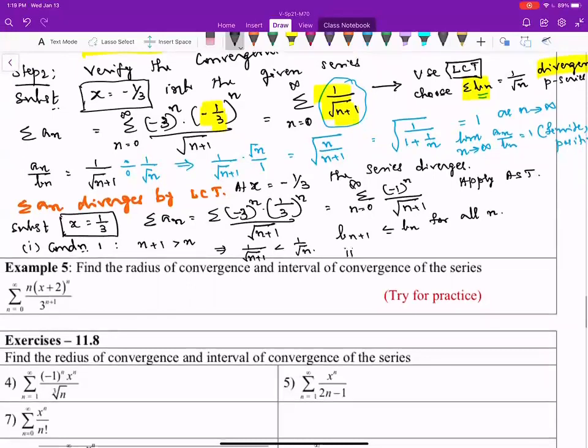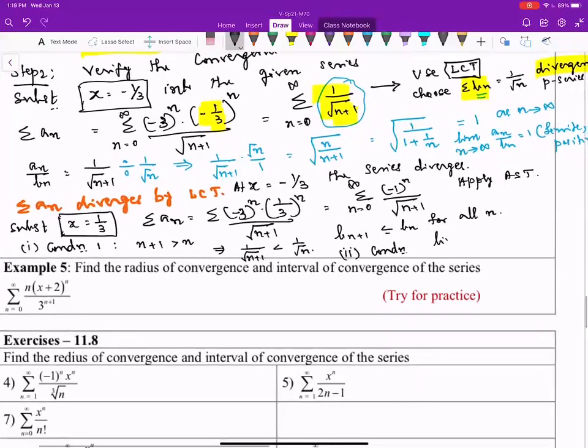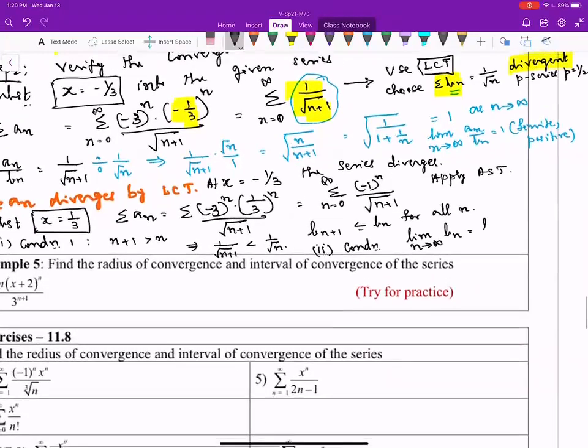Then we can prove condition 2, that is limit as n approaching infinity of bn is limit as n approaching infinity of 1 over square root of n plus 1, which is equal to 0 clearly.